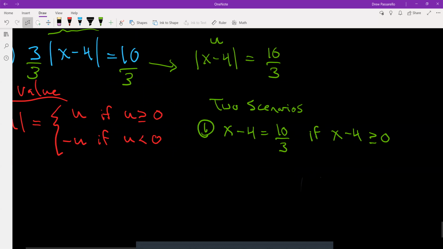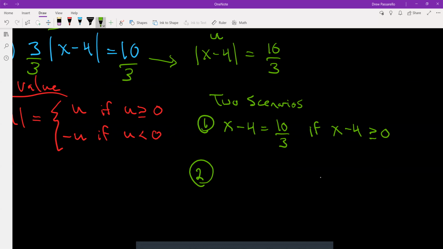Or, again, my u is x minus 4, so I can have it as negative x minus 4 equal to 10/3, if x minus 4 is less than 0. So I have two possible scenarios for that.